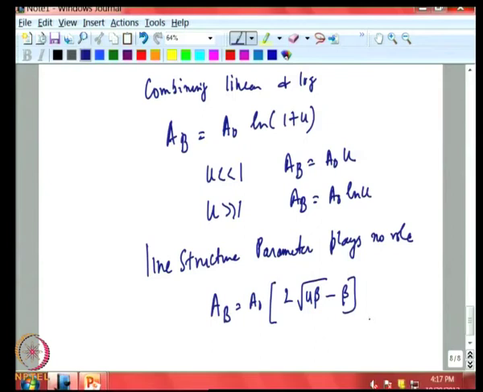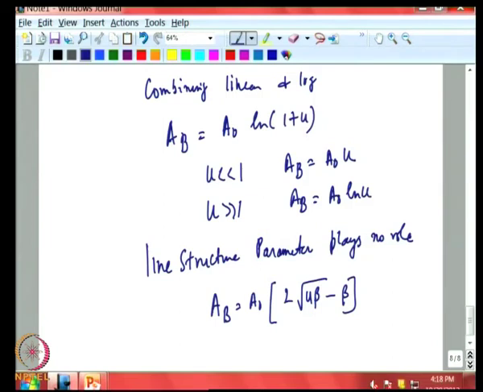So, essentially you must assume that beta is very large, so that the lines are so overlapping that the line structure gets smeared out. But if you encounter gases in which line structure is important, then you have to look at expressions of this kind, and we will consider one of these examples in our attempt to use the band absorptance in real situations.